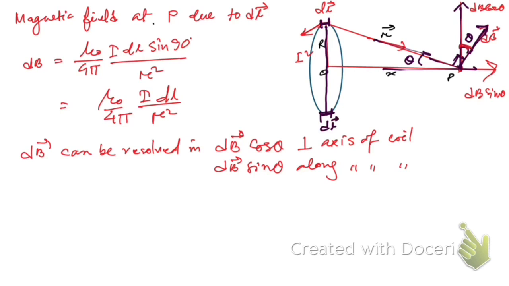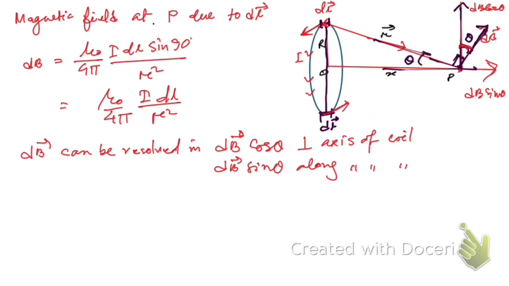This dl is taken in the direction in which current is flowing, right? Now current is flowing in this direction, and at this portion the direction of the current will be into the page.